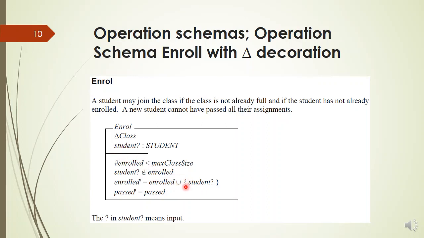Therefore, we put the curly braces to make it a set, because student? is an element, and by putting the curly braces it becomes a set, and we can take the union. Now it would become a part of the enrolled class, and there would be no change in the set passed, and therefore passed prime is equal to passed.